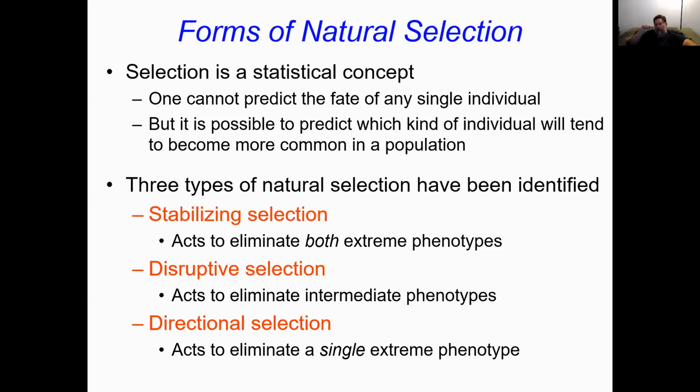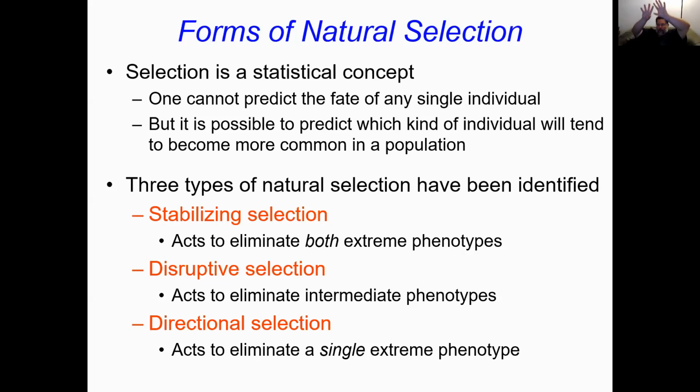Remember, evolution takes place on a population. So let me show you some pictures that help you to understand that a little bit better. We can call these different types of natural selection either stabilizing selection, disruptive selection, or directional selection. This will make sense in a moment, but stabilizing selection eliminates extremes.